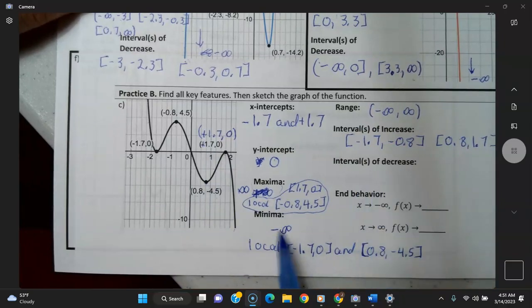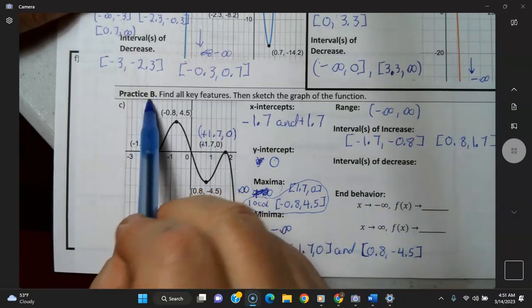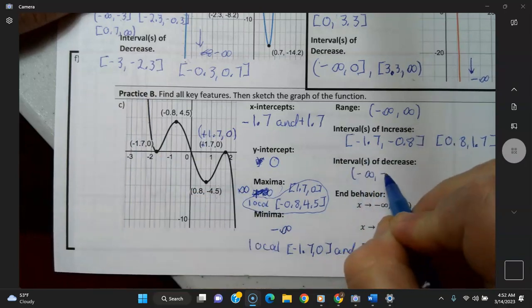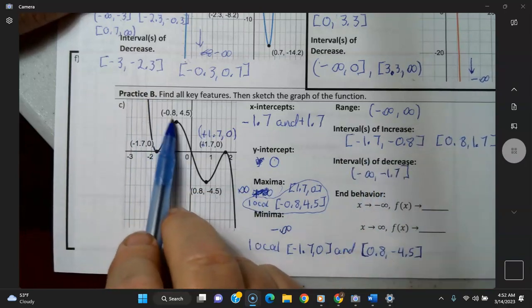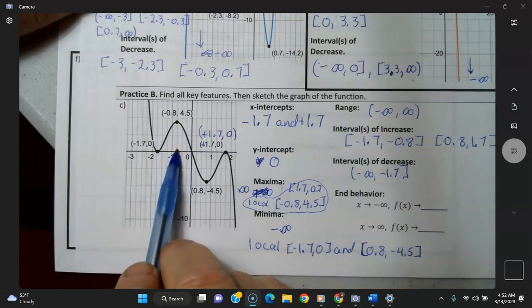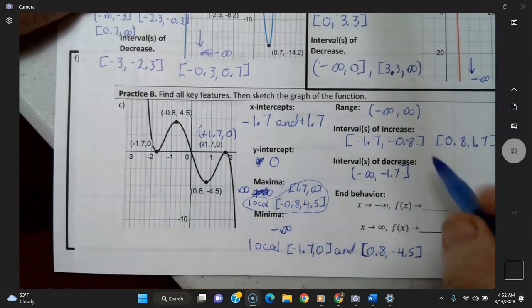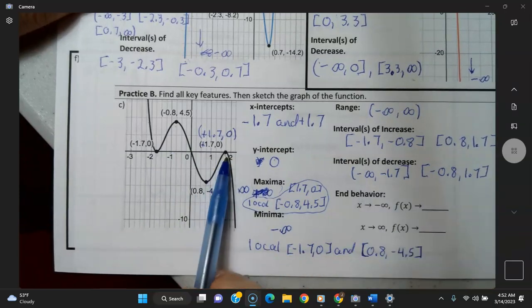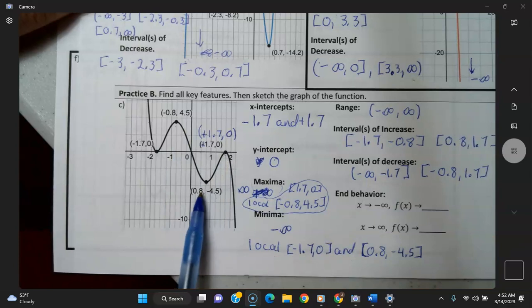All right, intervals of decrease. So it's going down from negative infinity until it gets here to negative 1.7. And then it decreases from this point, negative 0.8 on the x-axis, over to here, 1.7. Okay, so that's a decrease. And then another one here, give me negative 0.8 down to 0.8. My mistake. It's from here down to here.